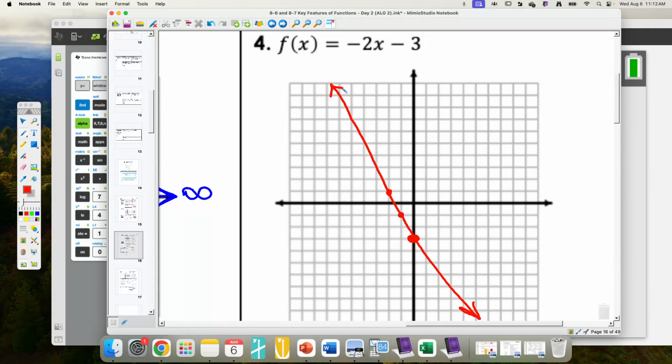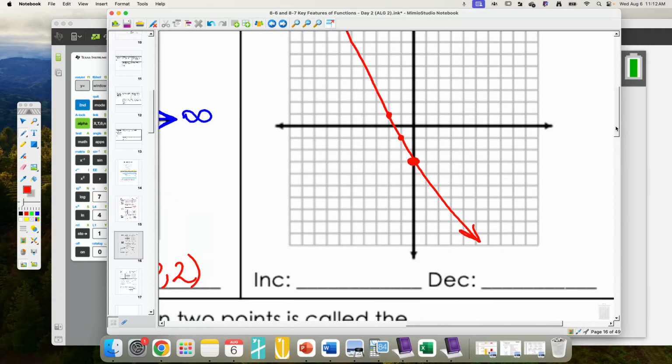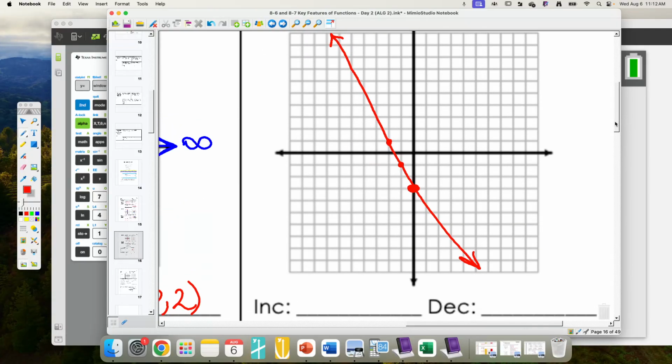All right, we are going to now describe the increases and decreases. When you look at this graph, it appears to be decreasing. Does it increase anywhere? No. There is no increasing interval on this.